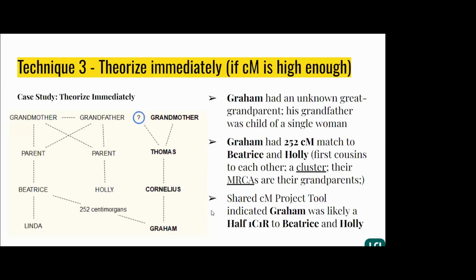So it really came down to the fact that the man we were looking for was Beatrice and Holly's grandfather. So that man created the half relationship here by fathering a child, Thomas, over on the right, outside his marriage. The family he had in his marriage is represented by the side of the tree on the left.